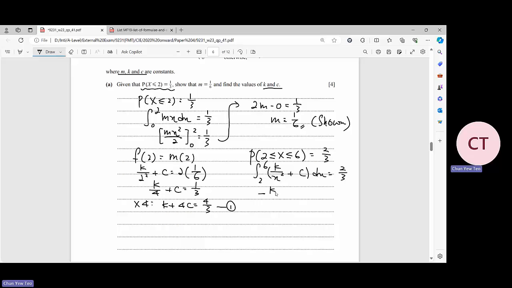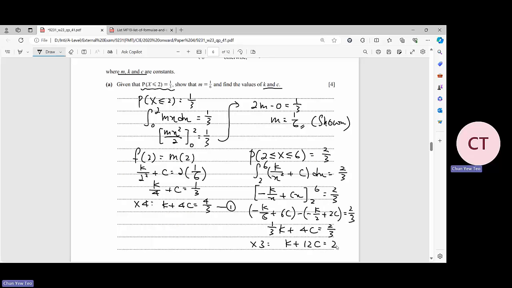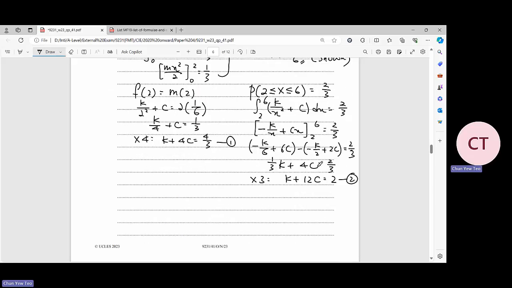So you get negative k over x plus cx from 2 to 6 equal to 2/3. Negative k over 6 plus 6c, minus negative k over 2 plus 2c, is equal to 2/3. Simplify it: k joins with k, c joins with c, you get 1/3 k plus 4c is equal to 2/3. I multiply by 3: k plus 12c is equal to 2. That will be my second equation.